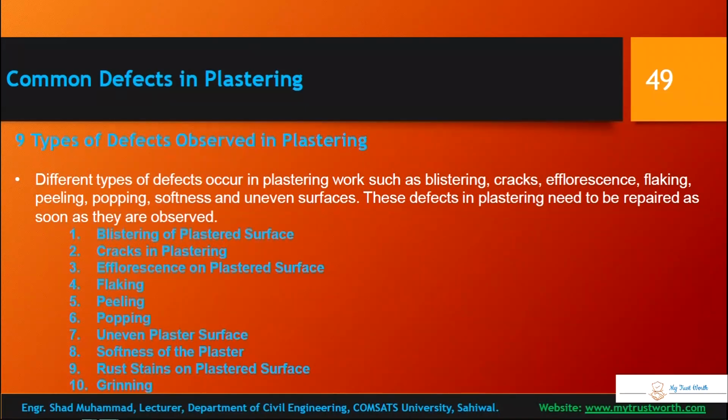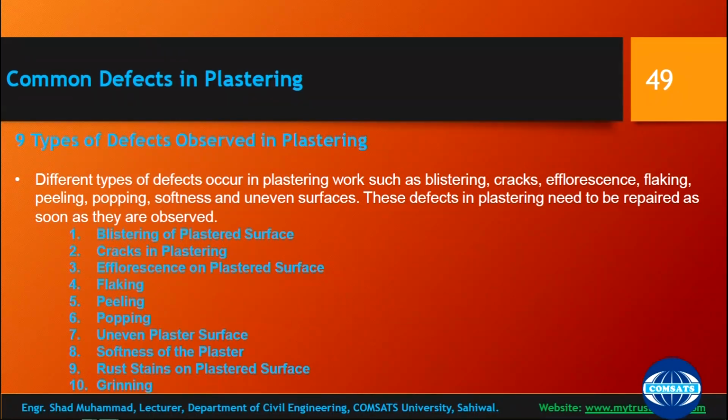So it is a good practice that whenever a defect has been observed, it should be repaired as soon as possible. Otherwise it may cause disintegration of your structure. Repairing also needs to be carried out to prolong the lifespan of the building.